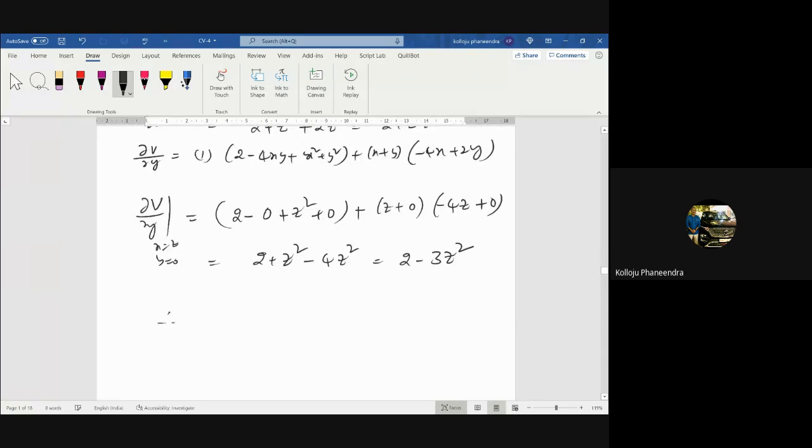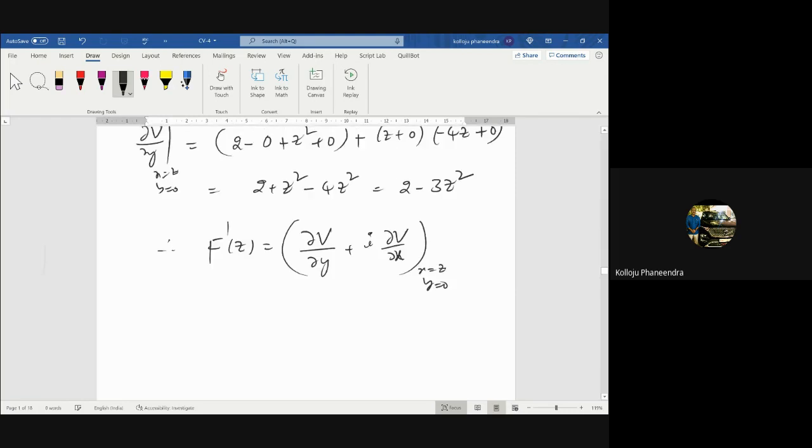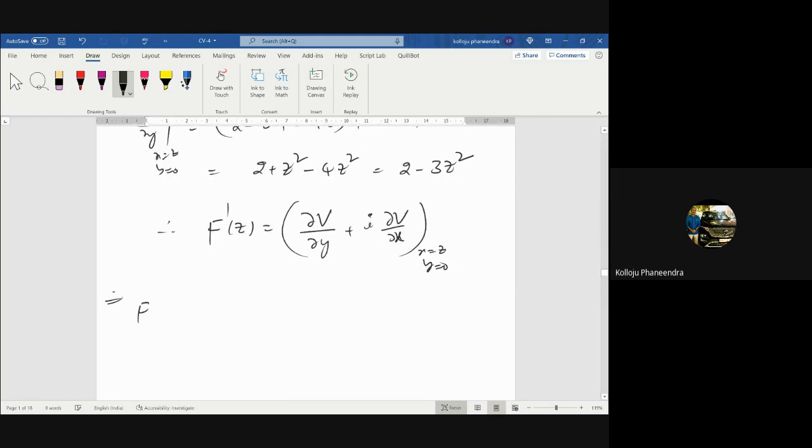Okay, therefore what is that? Capital F dash z is equal to, what is this first part? ∂V/∂y, plus i into ∂V/∂x, at x equal to z, y equal to 0. So if I substitute, this implies F dash z equals, what is ∂V/∂y? 2 minus 3z square plus i into, I think, 2 plus 3z square.